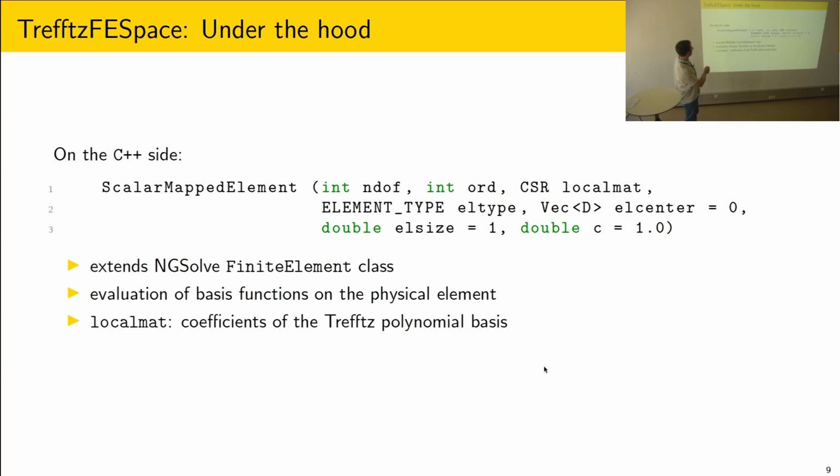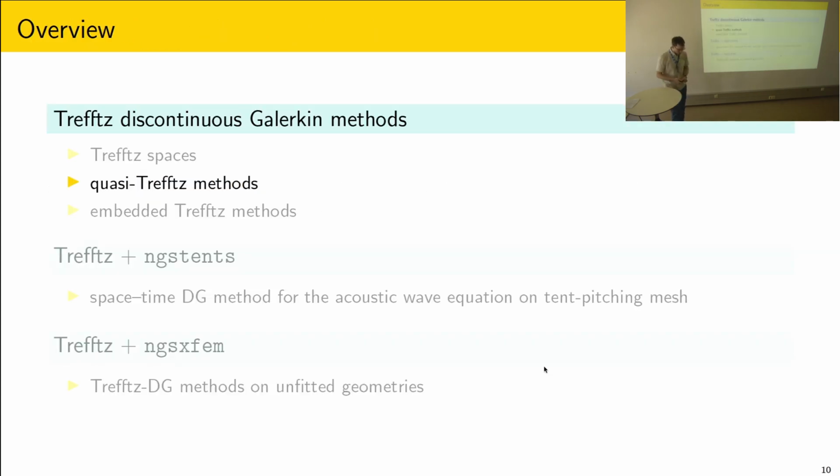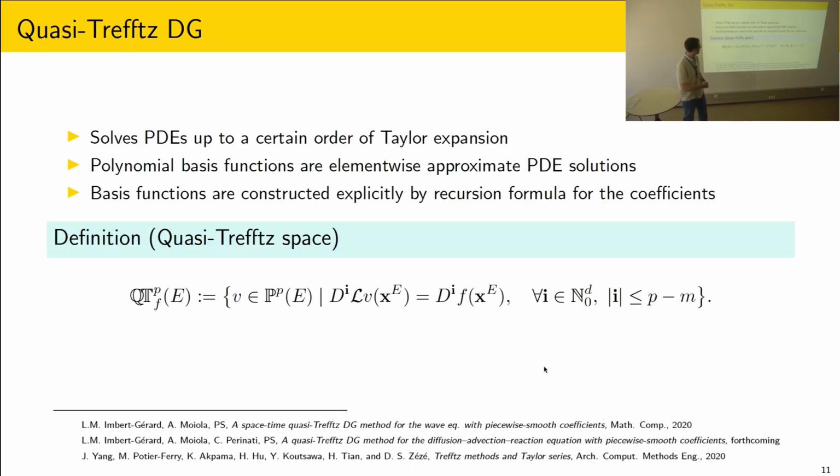So on the C++ side, we have a scalar mapped element that behaves like the scalar element from NGSolve, but is evaluated directly on the physical element instead of using a reference element. Okay, and on this, we then construct our Trefftz basis functions.